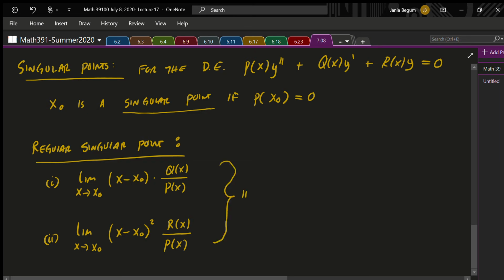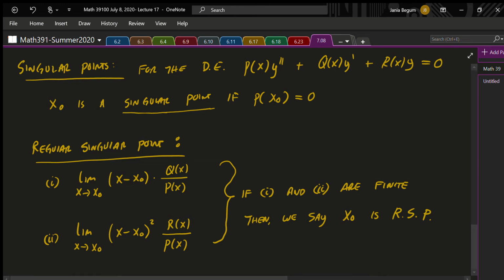so if 1 and 2 are finite, meaning not infinity or not undefined, then we say that x0 is a regular singular point, RSP. Okay?